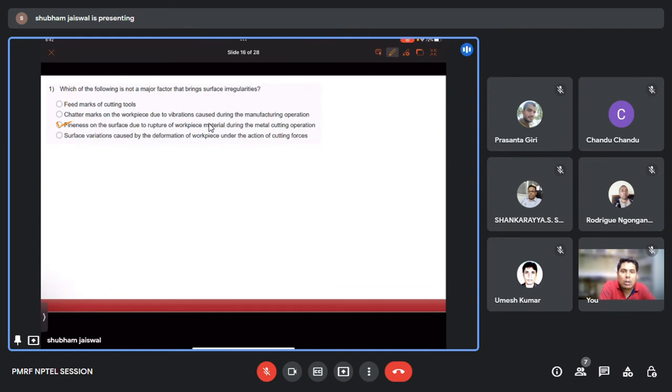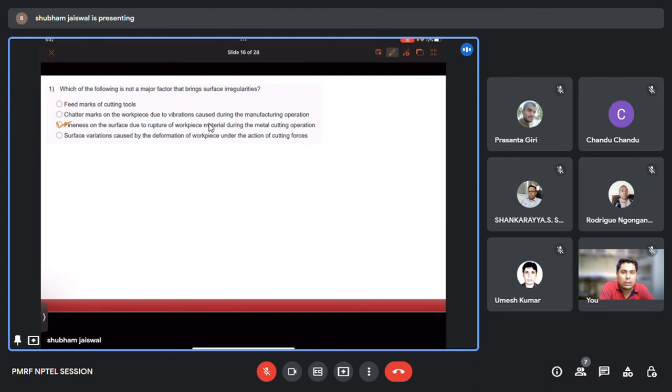So here we are talking about the surface irregularities, how much irregularity is found on the surface. So the feed marks also bring surface irregularities. Similarly, the chatter, which is due to the vibration during machining, also causes surface irregularities. Similarly, surface variation, like if we are deforming the workpiece under the action of the cutting forces.